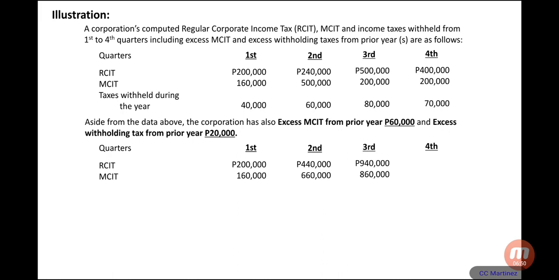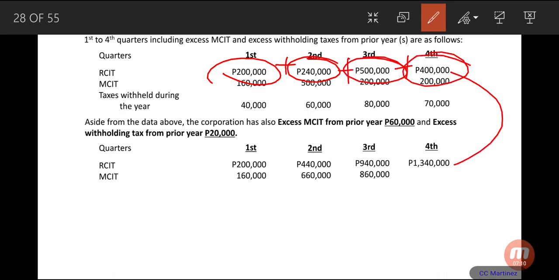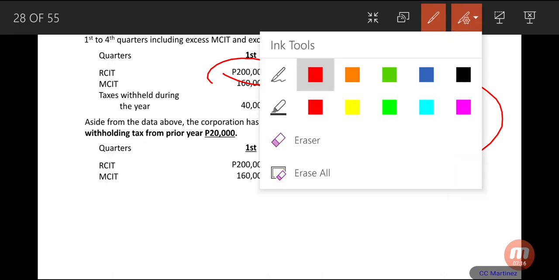So, for the fourth quarter, cumulative amount of RCEIT, same process. Answer? 1,340,000. So, saan ang galing? 200,000 plus 240,000 plus 500,000 plus 400,000 equals 1,340,000. Okay.